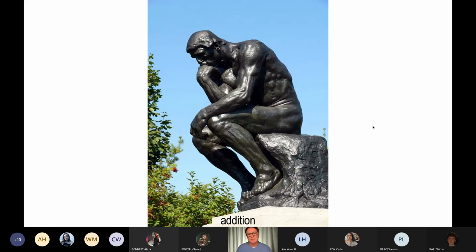Take this image here, which I think is a sculpture by Rubens, the thinking man, somewhere in Italy. To demonstrate the use of an addition metaphor, you would not change or substitute something, but add something to it to give it a secondary meaning.